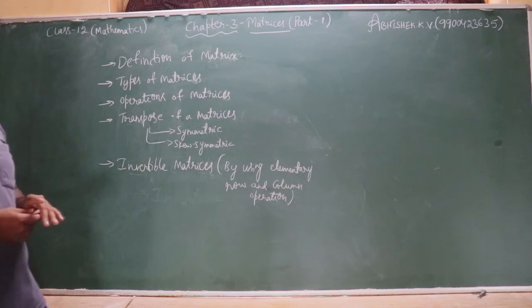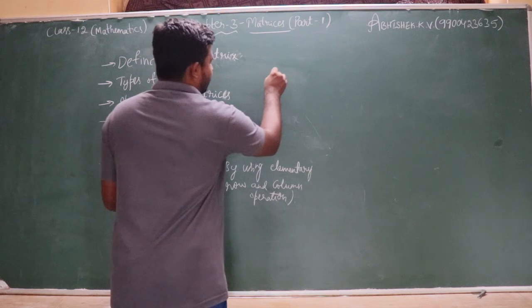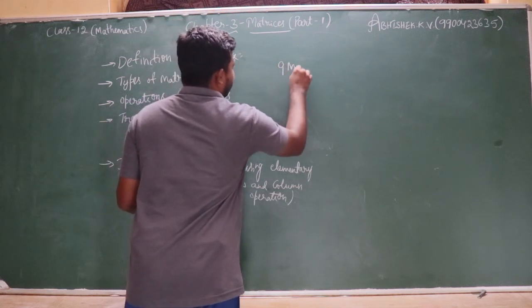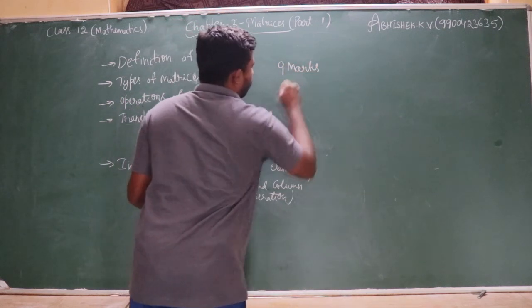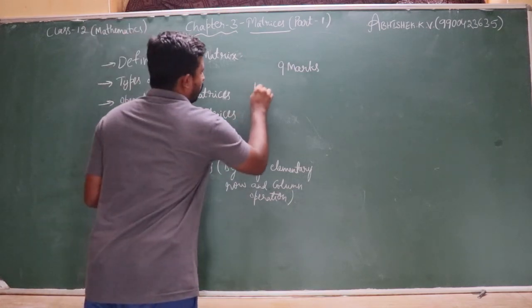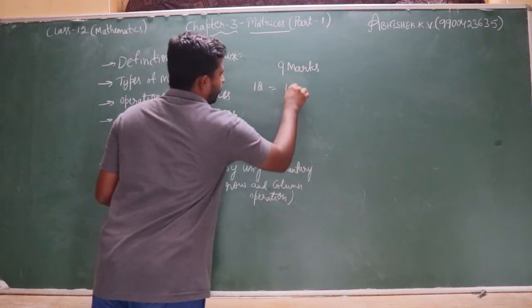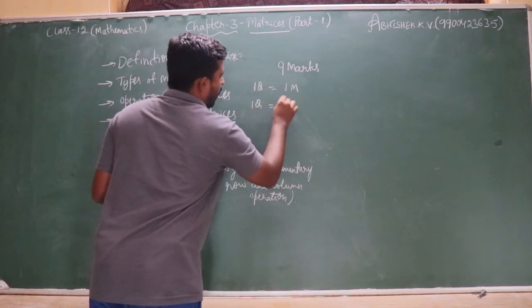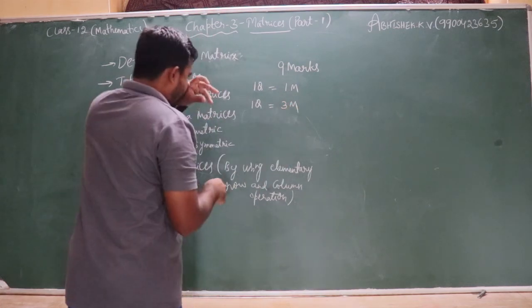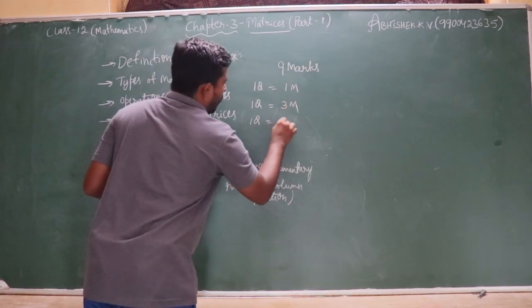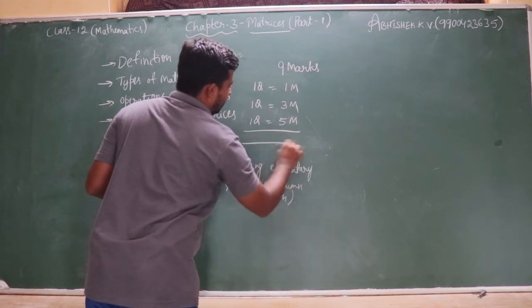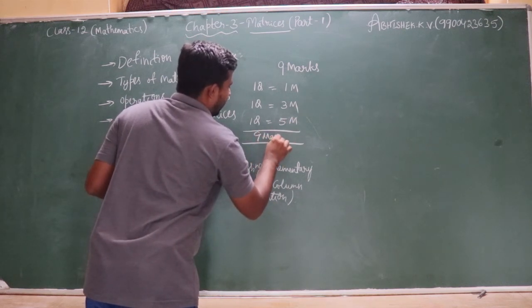And in this chapter, for your annual examination, you will get totally 9 marks: one question for 1 mark, one question for 3 marks, and one question for 5 marks. Totally it is a 9 marks package.